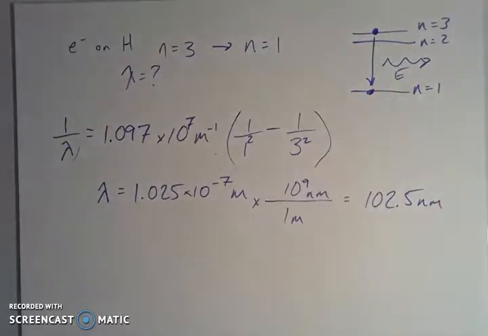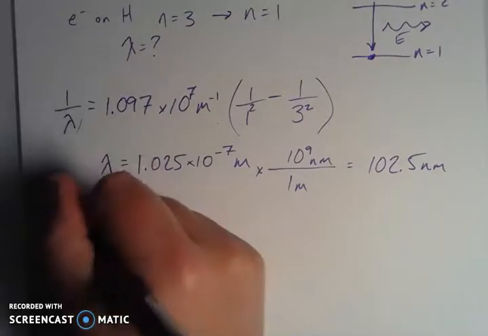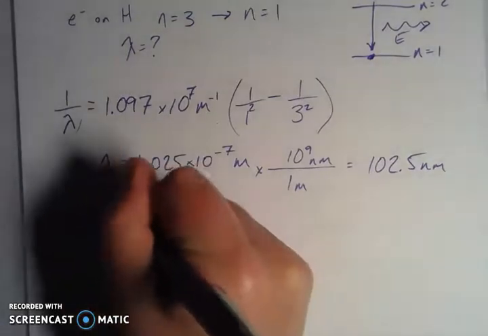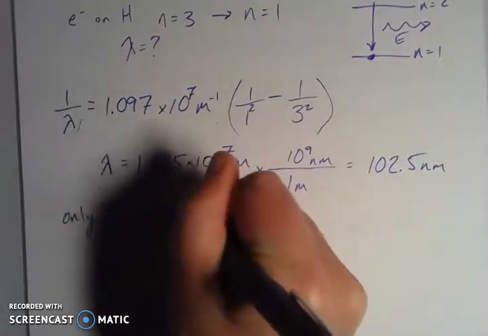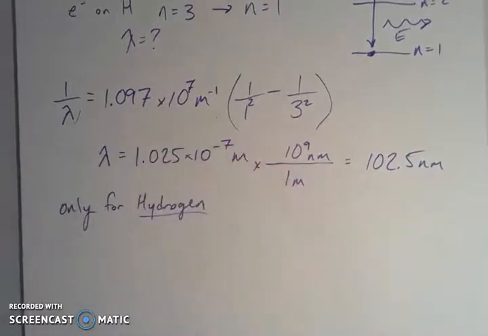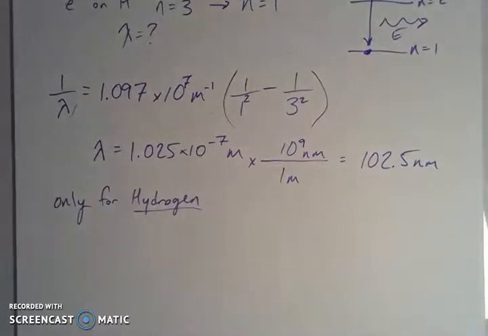Now again, this is only good for hydrogen, which is always frustrating for students, but really it gets infinitely more complicated when we go beyond 1 electron. As soon as we get outside of a 1 electron system, things get very complicated very quickly.